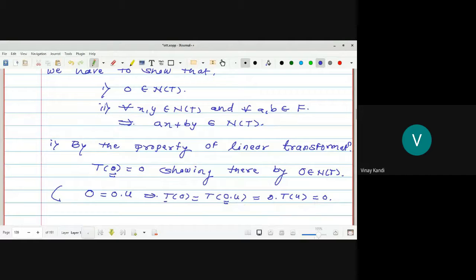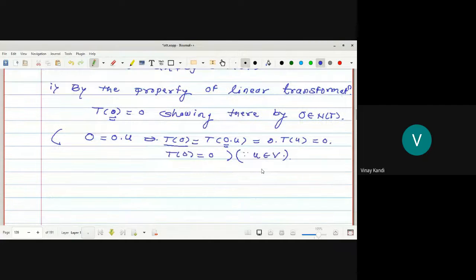So we get T of 0 is equal to 0, where u belongs to capital V. Hence the image of the 0 element is 0. So the first condition holds.